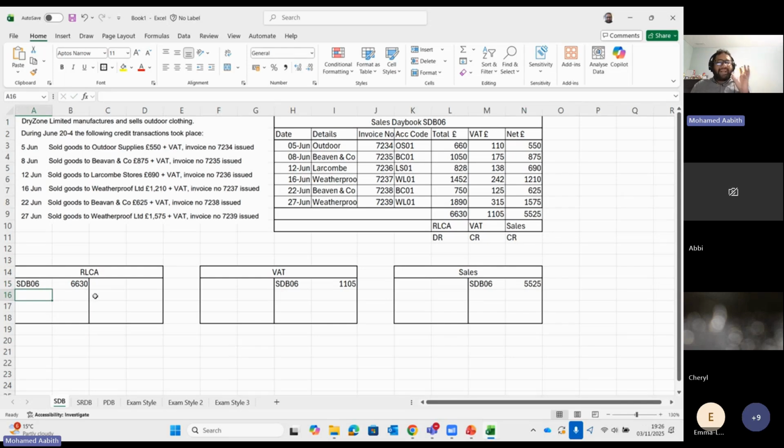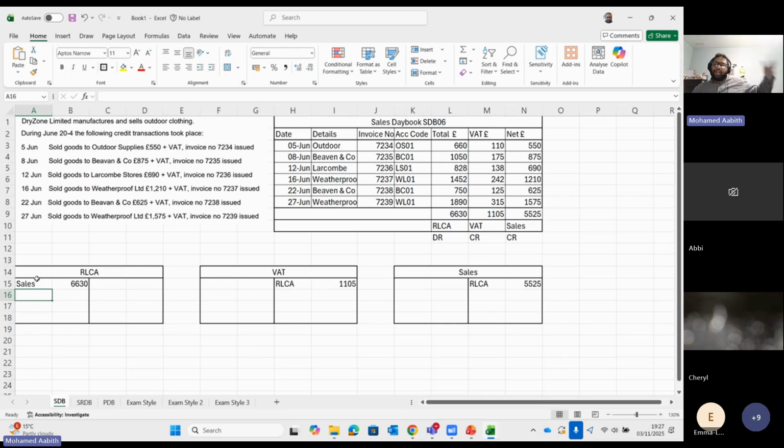Can you notice this here, guys? These are the double entry for it. Can you see this is more than double entry? Because we have had 3 entries this time when we're transferring it from a daybook. So when we do it, we don't write here sales. We don't say here RLCA, because there are 3 reference accounts for these transactions. So instead of saying what is the other entry, like we normally do with our debit credit.